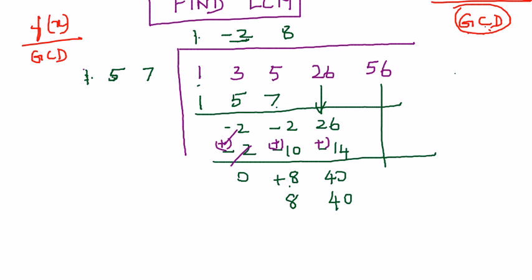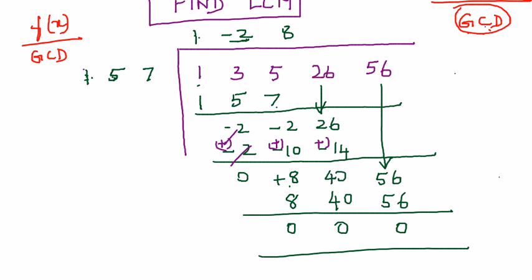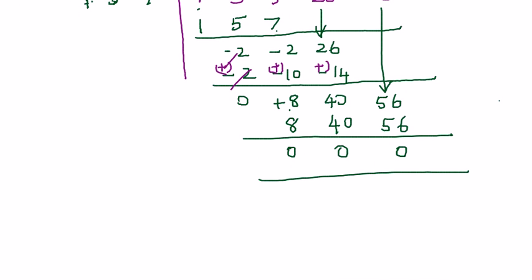And we forgot to bring this term here. This is 56. And 7 into 8 is 56. Now if I subtract, 8 minus 8, I get 0. 40 minus 40 is 0. 56 minus 56 is 0. Division is over. So what is the quotient you're getting?